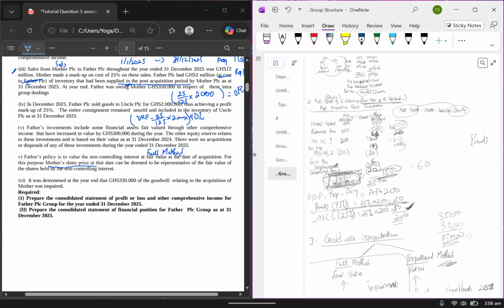But if we were doing the proportional method and we don't treat impairment here, we are free to just go ahead and use this PAP.